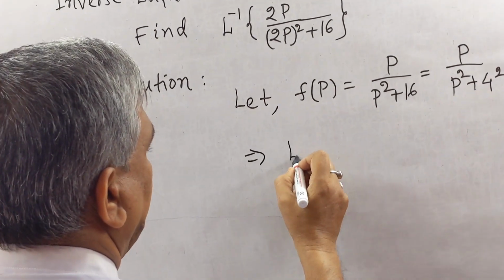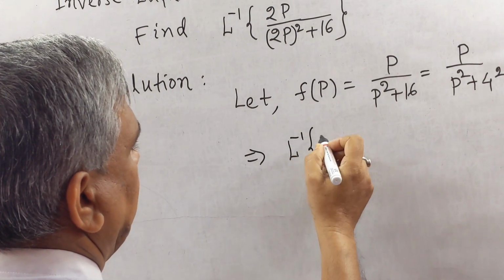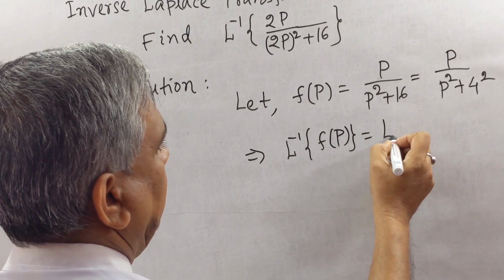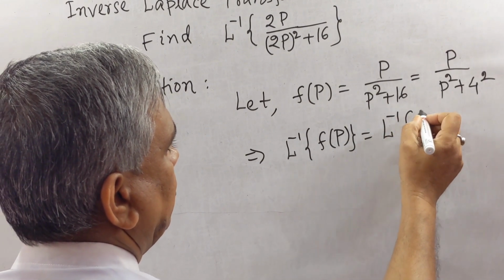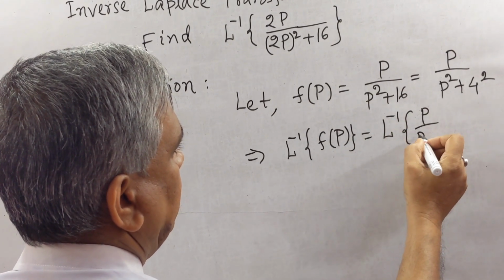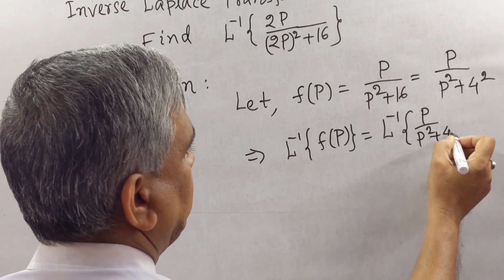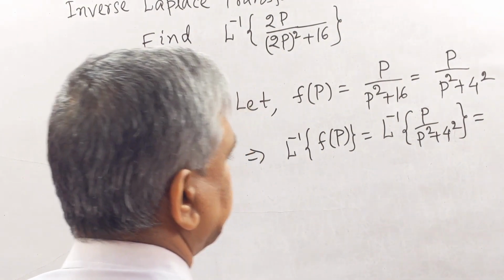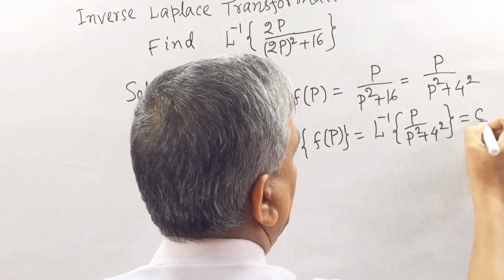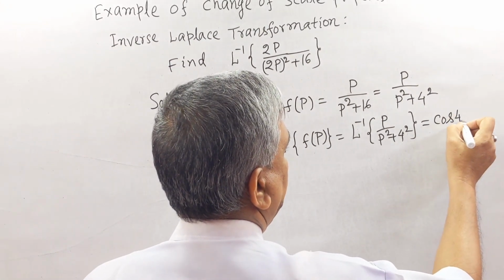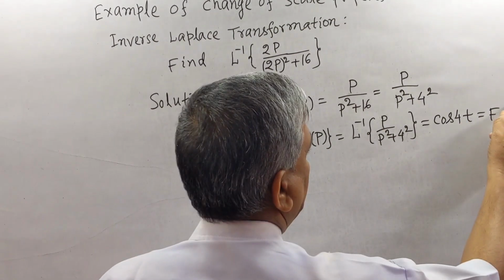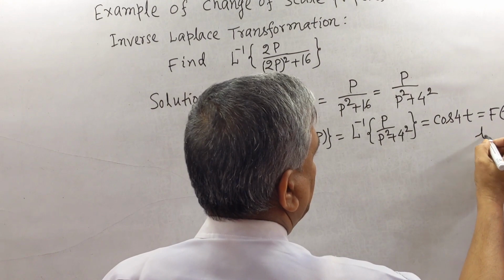Implies that L inverse F(p) equal to L inverse p by p square plus 4 square, equal to cos 4t. Let this be f(t).